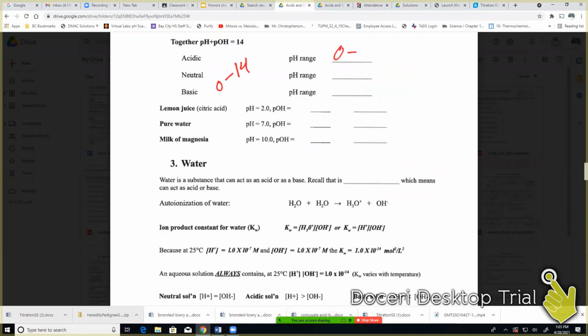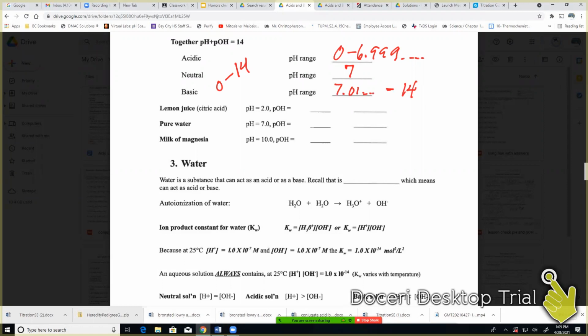Anything from 0 to 6.999, right up to 7 is going to be acidic. If I am exactly at 7, it would not be basic, it would be neutral. And then if I did like 7.01, just anything that's right over 7 to 14, then it would become basic.